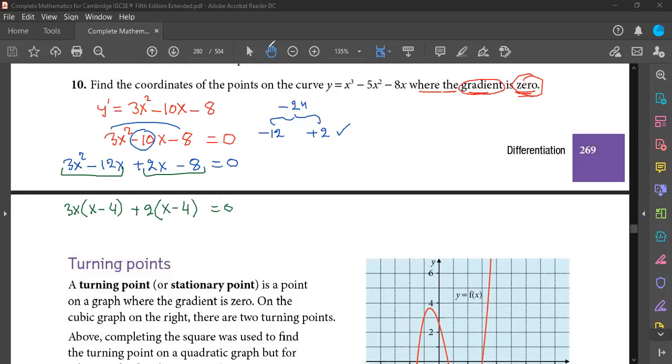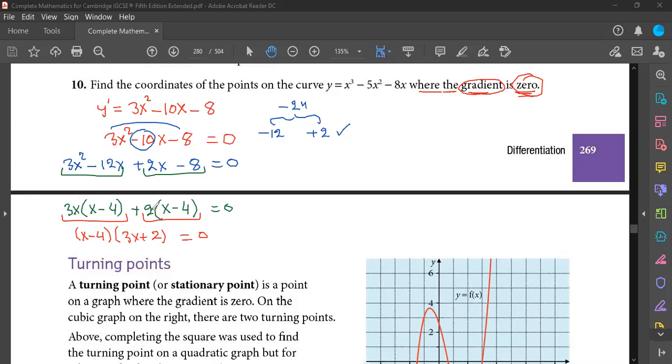Then we have a second stage of common factor. What is the common factor? The bracket itself, x minus 4. And what is left? Sorry, that was my mistake. What is left is 3x plus 2 equals 0.